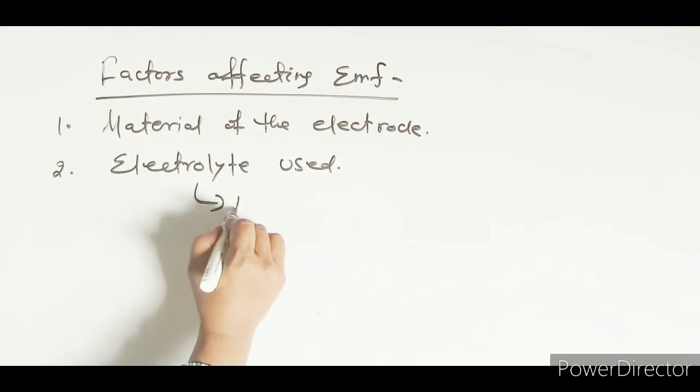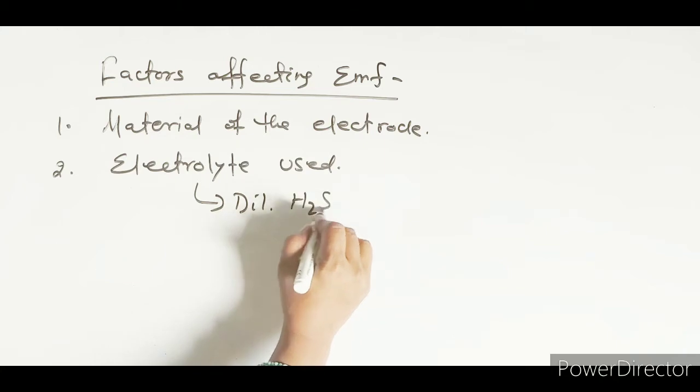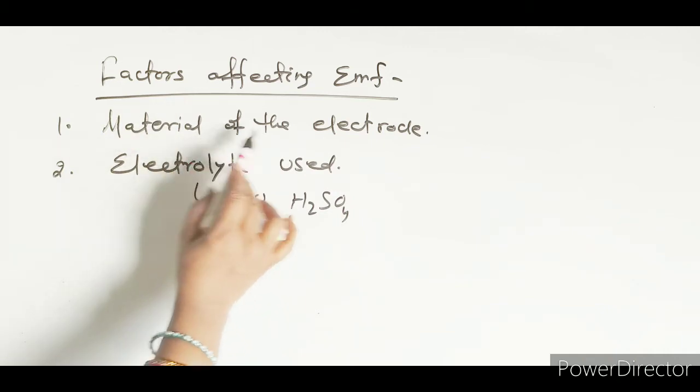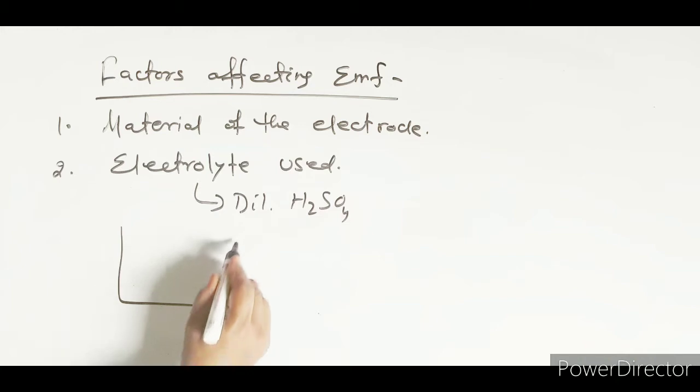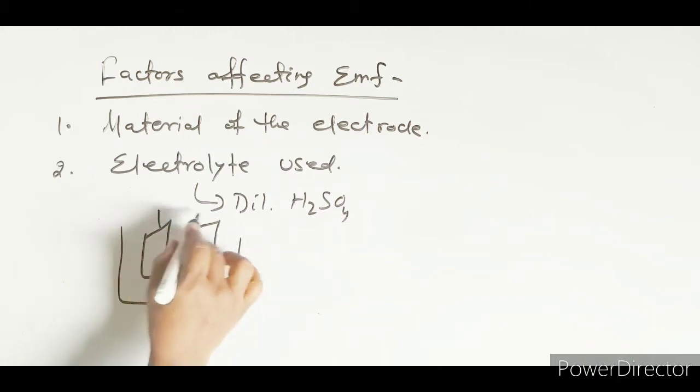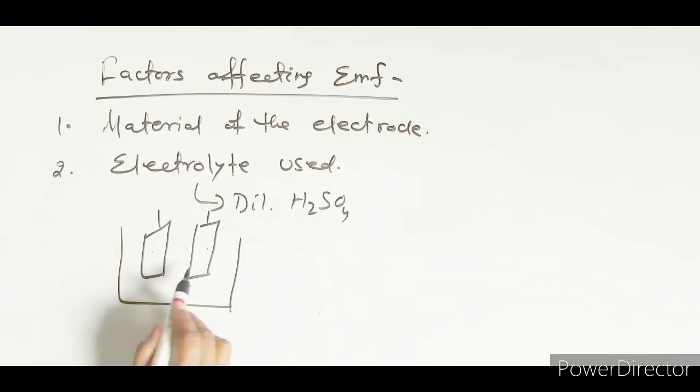We had taken dilute sulfuric acid. So it may be different for different types of cells. These are the two factors: the material of the electrode you have taken, and the electrolyte you have taken. If these two change, then the EMF of a cell changes.